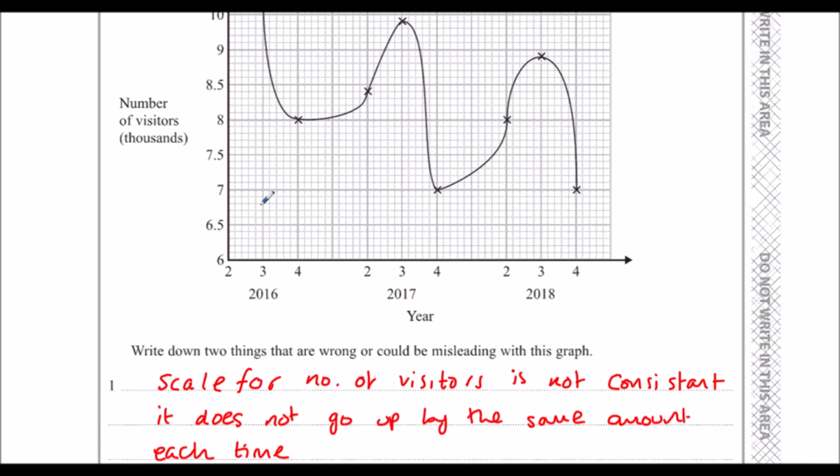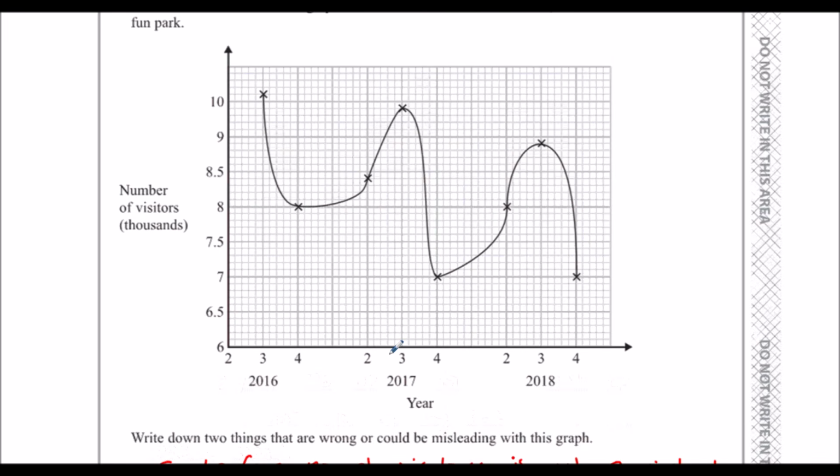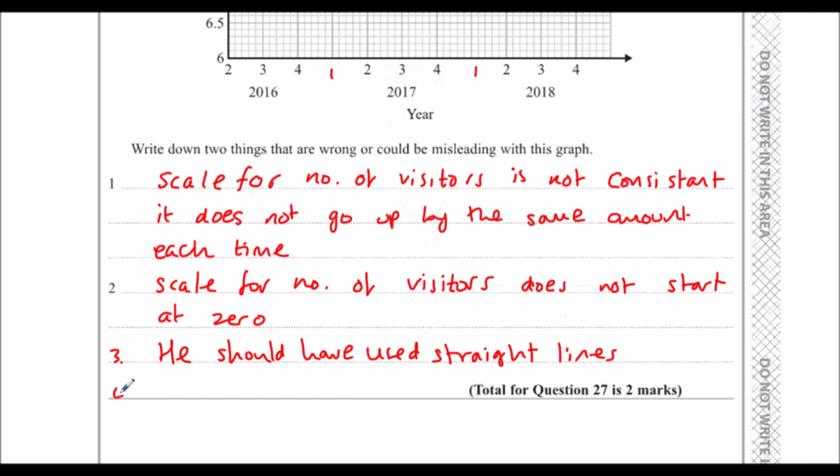And then looking at the scale on the x-axis for the years, it's got 2, 3, 4, 2, 3, 4. So 1 is missing. You can assume that these are quarters of the year, but it doesn't say. So we can say quarter 1 is missing, so there's no data for quarter 1.